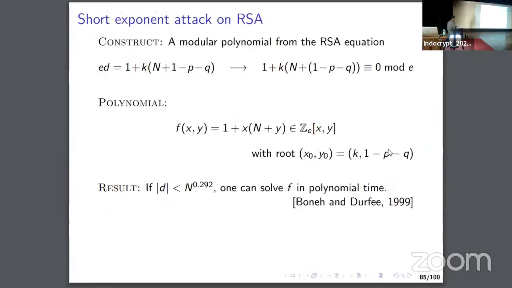Basically this bound, n to the power 0.292, is not from a square matrix, it is from a rectangular matrix. And for the square matrix, the bound was n to the power 0.284. So only a small improvement, but now from square to rectangular, the determinant is really difficult. Any other doubt?